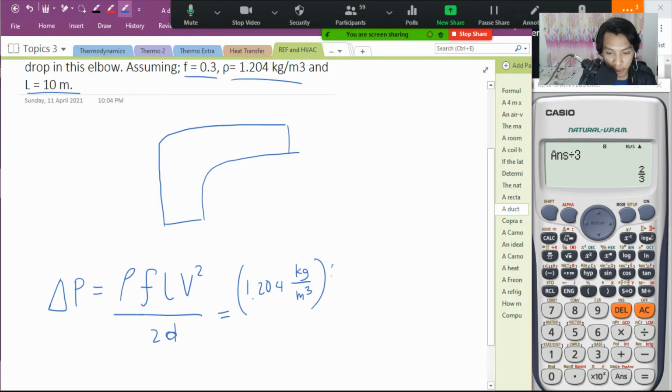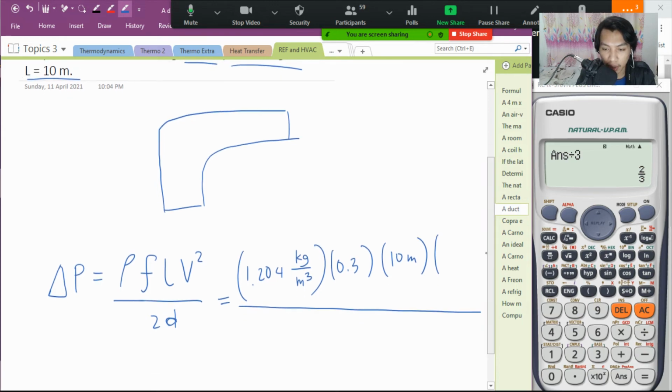Ang F is 0.3. Length is 10 meters. V is 10 meter per second. Square natin. 2, diameter. Equivalent diameter na naman tayo.